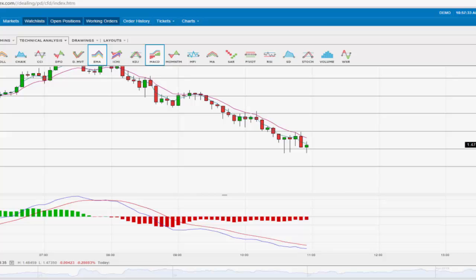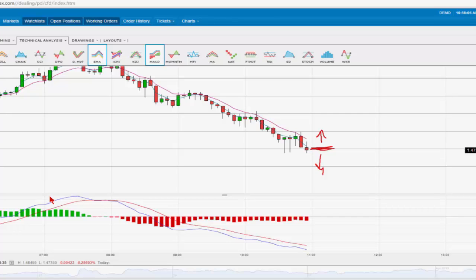So taking a look at this particular chart right now, the market is grinding down to 1.4740. So it's just sitting over there right now, and let's see if I can pull it up. So the question is right now where the market is, it's 11 o'clock Eastern time, where the market is right now, at this particular point, will the market at 3 o'clock be above or below this point?